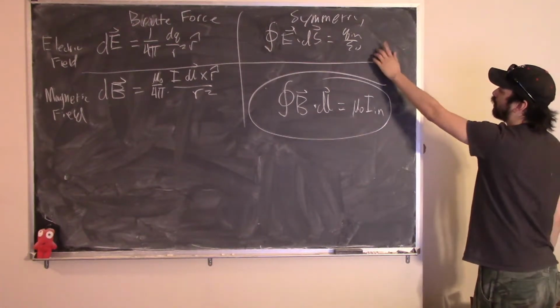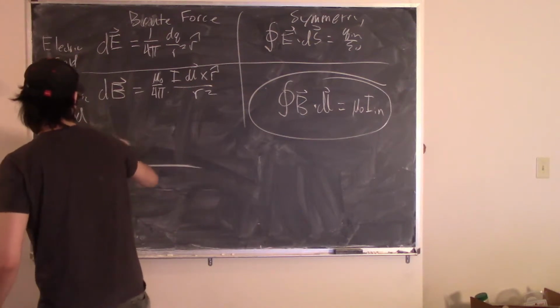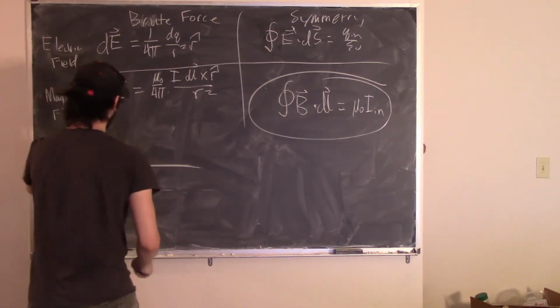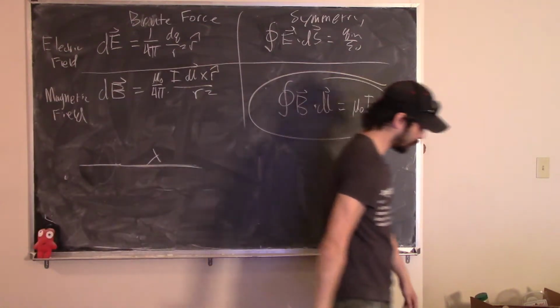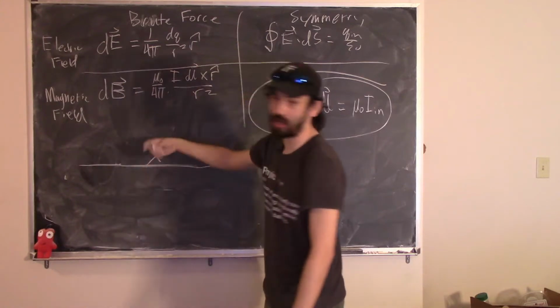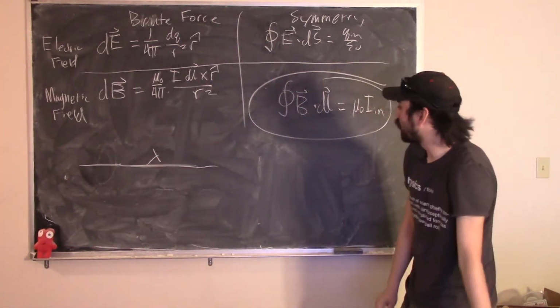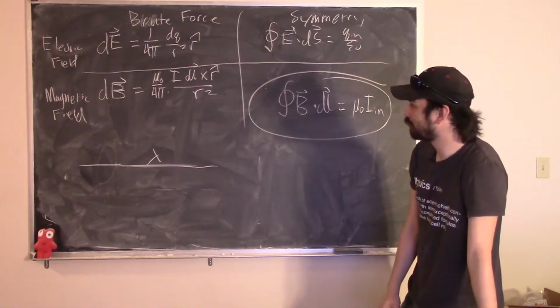So when we think about Gauss's law, say I have some infinite line charge density like this, and I want to find what the electric field is that points radially away from this at some radius of r.